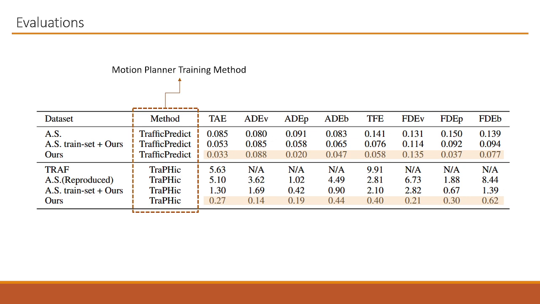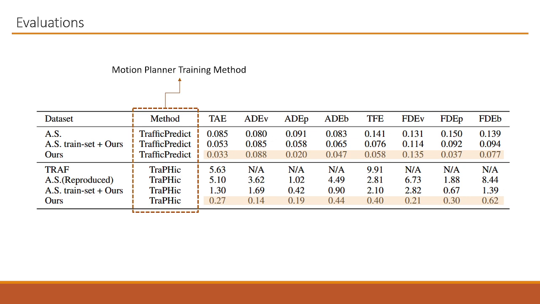These metrics measure how much the generated trajectory deviates from the true trajectory, thus lower values indicate better performance. The target dataset to compare is the Apolloscapes dataset, which is a large dataset from various locations in China under varying weather conditions, which is indicated as SAS in the table.